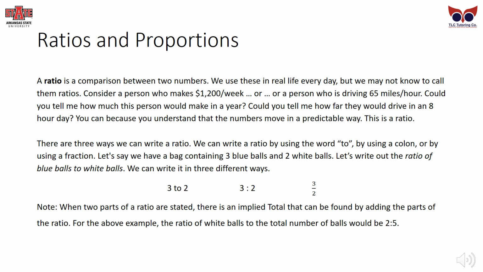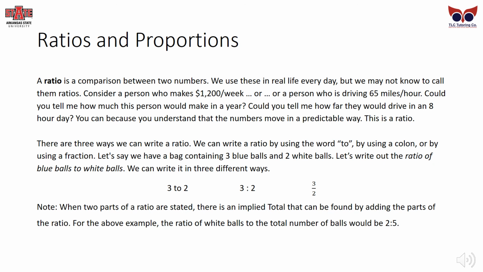Could you tell me how far they might drive in an 8-hour day? You can, because you understand that the numbers move in a predictable way. This is a ratio. There are 3 ways we can write a ratio. We can write a ratio by using the word to, by using a colon, or by using a fraction.